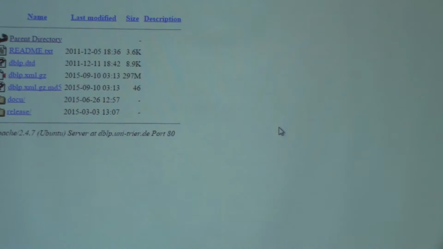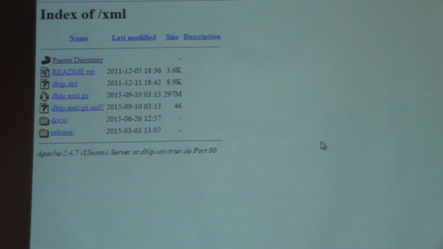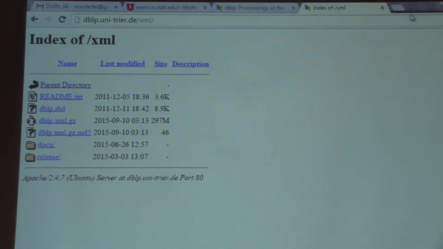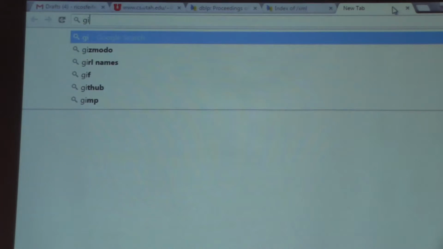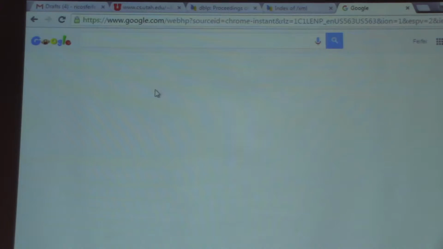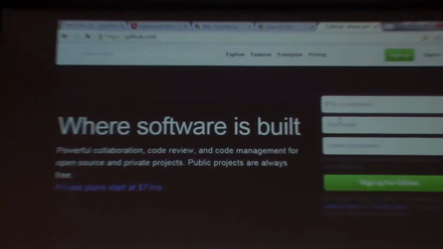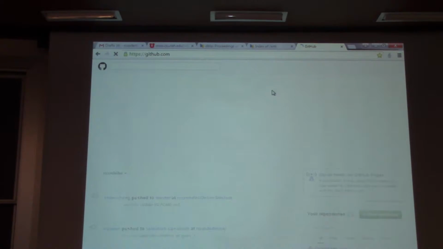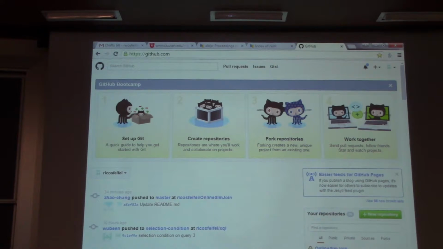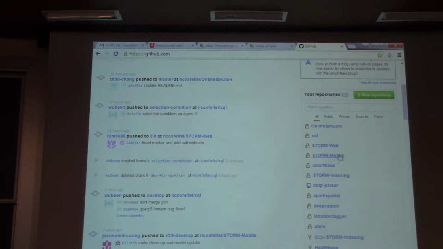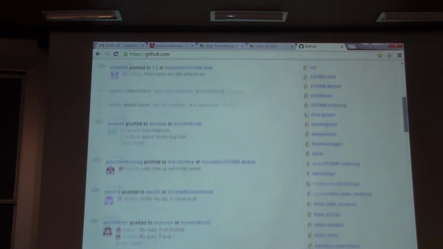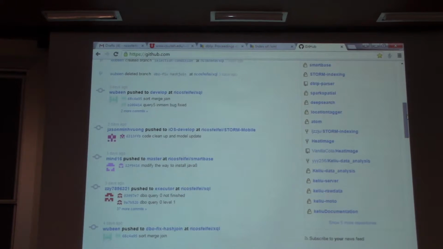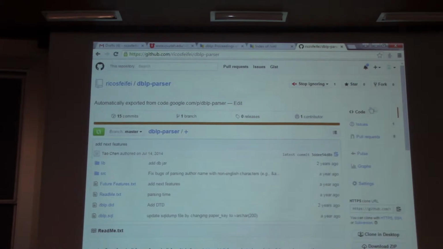In this particular case, I use the parser on my repository. So this is pathway.